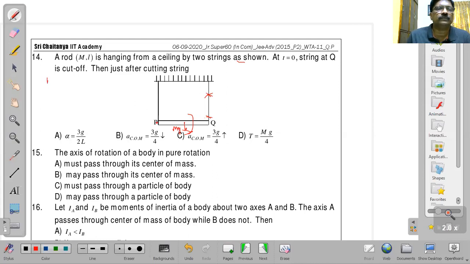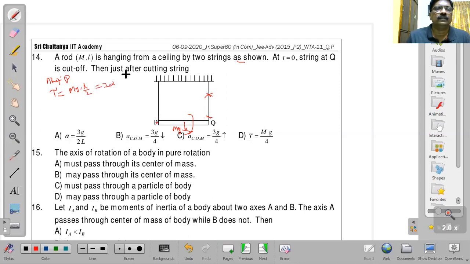So about P, the torque tau is equal to the weight mg into the perpendicular distance, that means mg into L by 2. That is equal to I alpha.